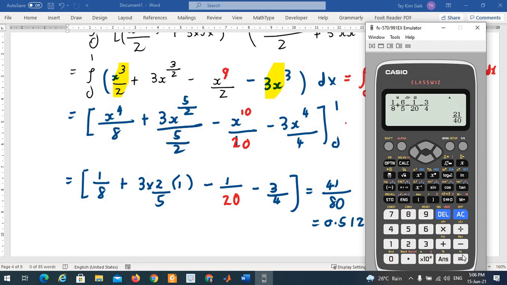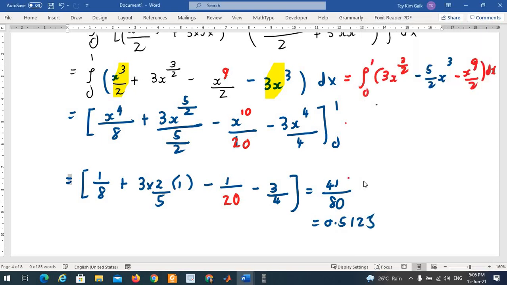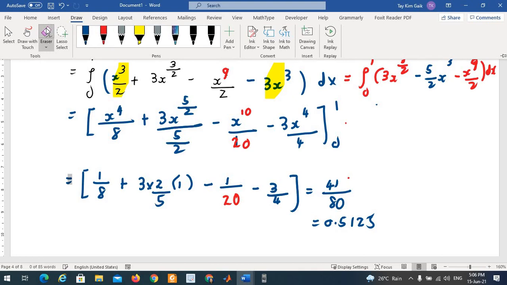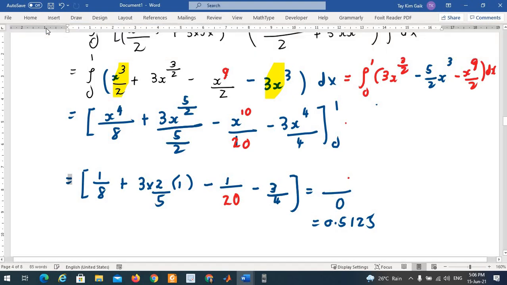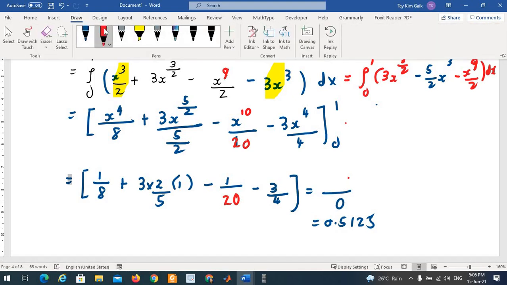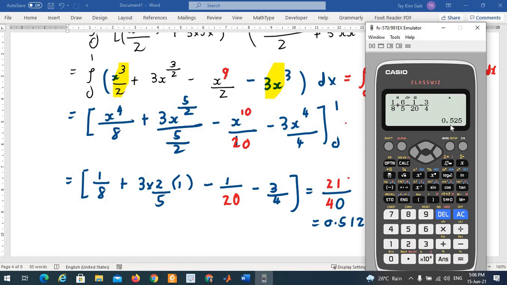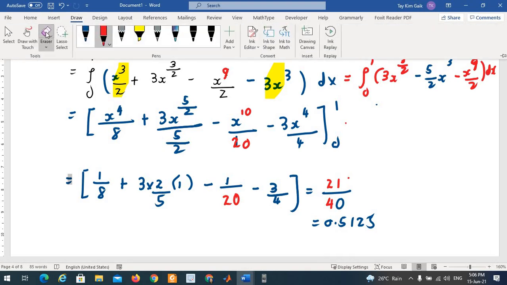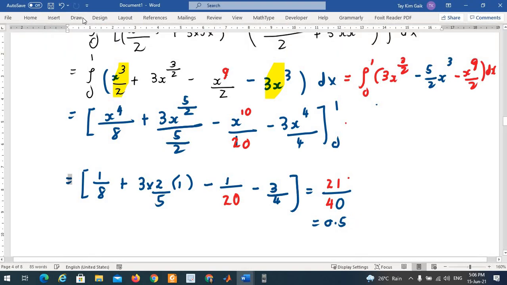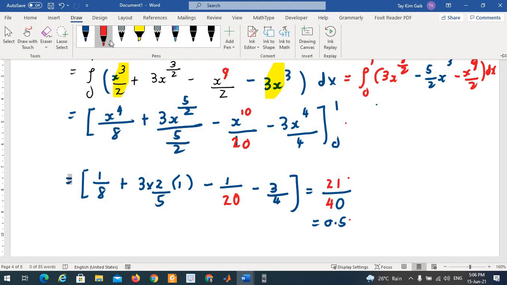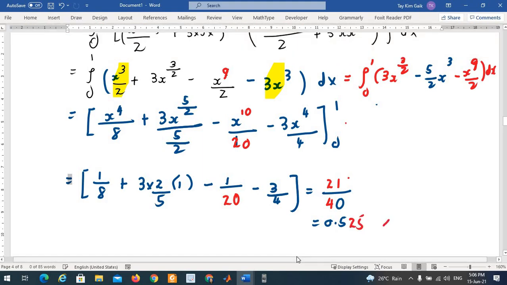So it is 21 over 40, which is 0.525. So this is the correct answer. Okay, 21 over 40 or 0.525.